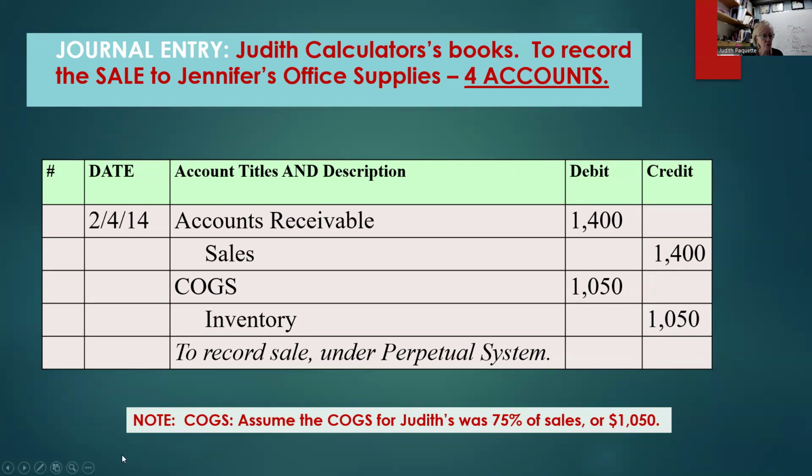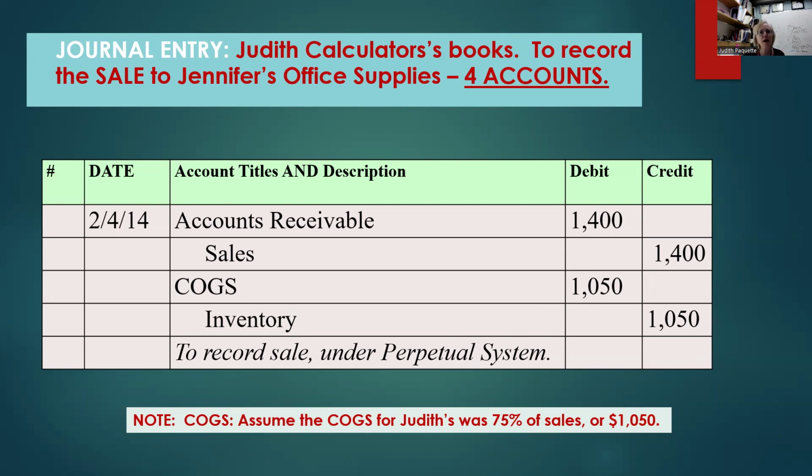So you can be given the dollar amount or you can be told to calculate it. In this example, I did both. I said assume cost of goods sold is 75% of sales, so you could take the 1,400 times 75% and get the cost. Sometimes the problems require a little more calculation.